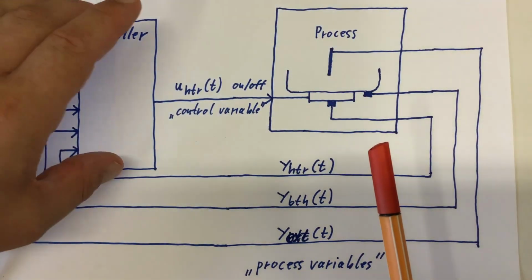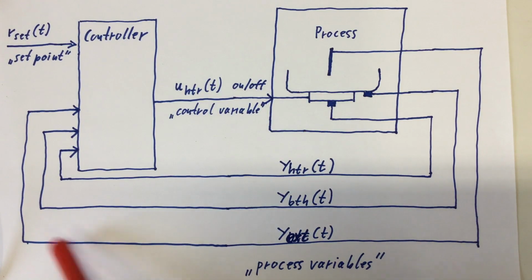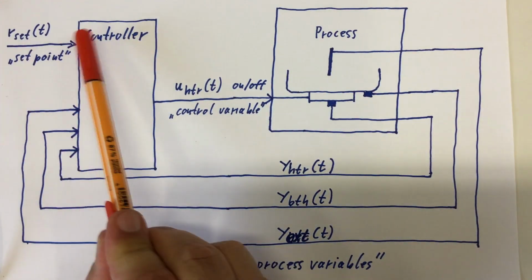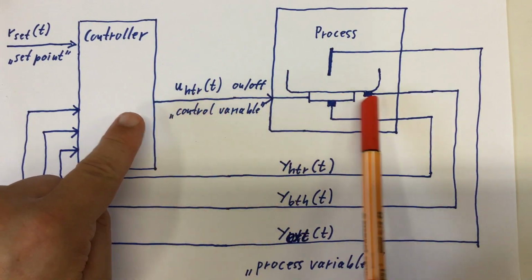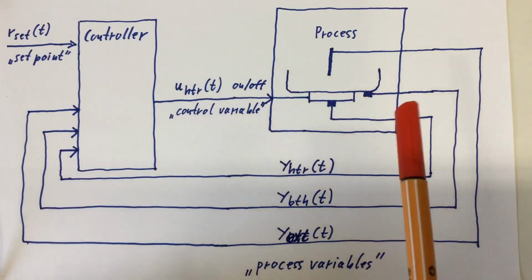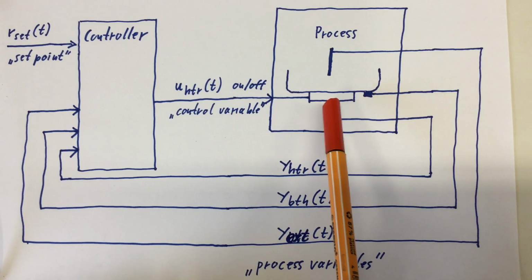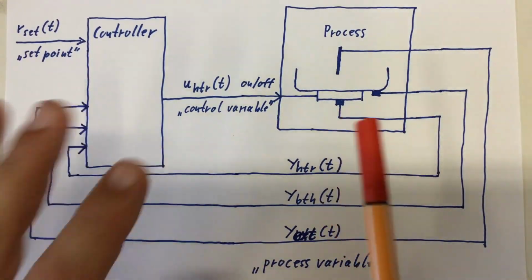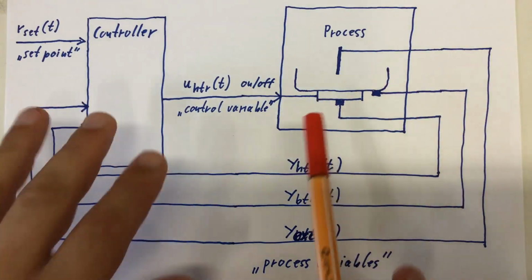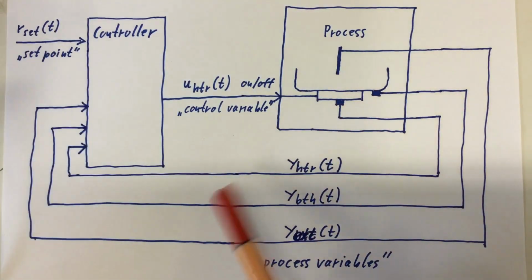And our controller now gets all process variables, and it gets the set points and takes that information to switch on and off the heating element. That's a bit much if I want to keep this video below 2 hours, I guess.